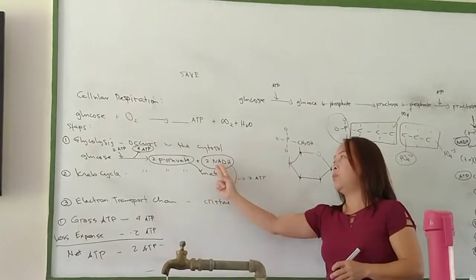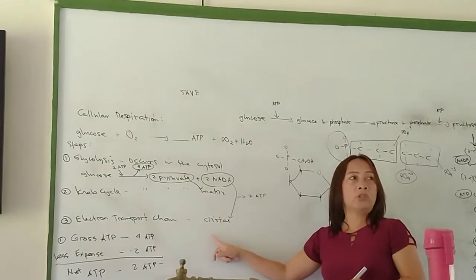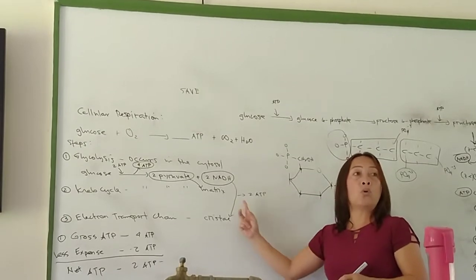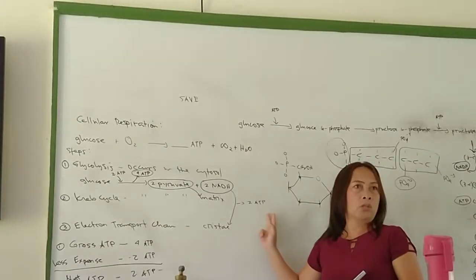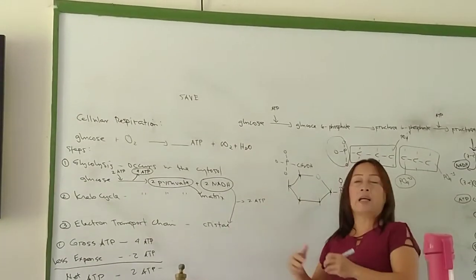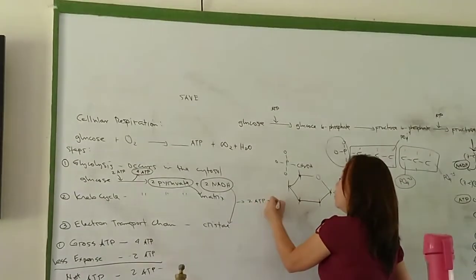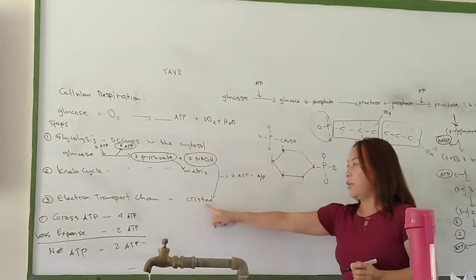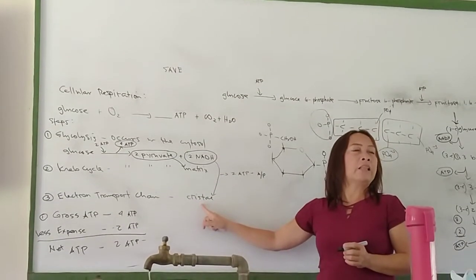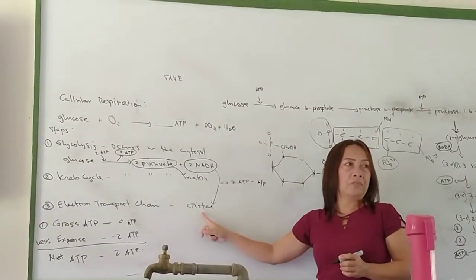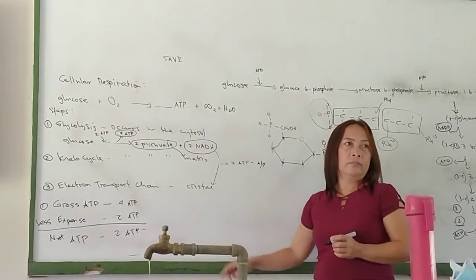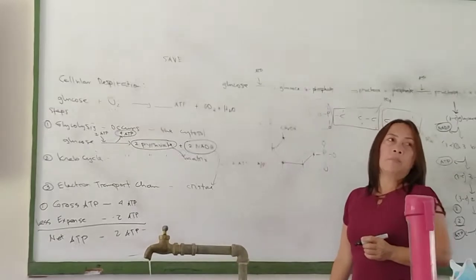Since we have 2 NADH here that will be transported to the free state, it has to borrow 2 ATP molecules. So, this is a debt. This is accounts payable. It will pay after it undergoes the electron transport chain.